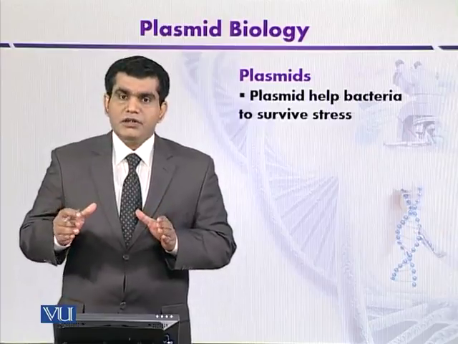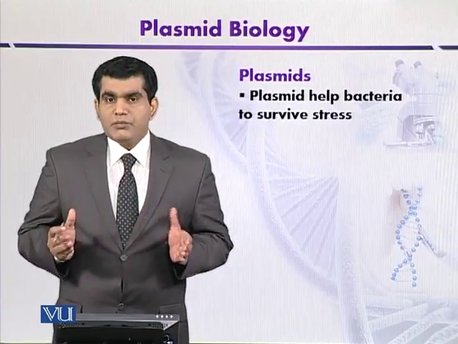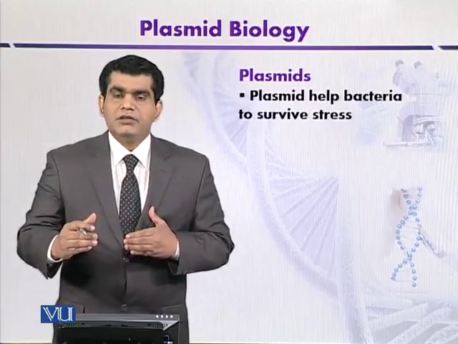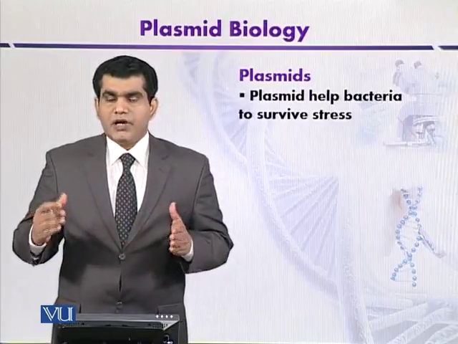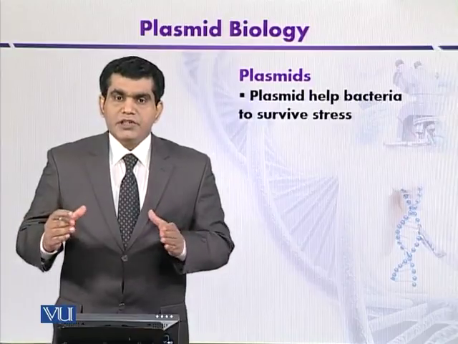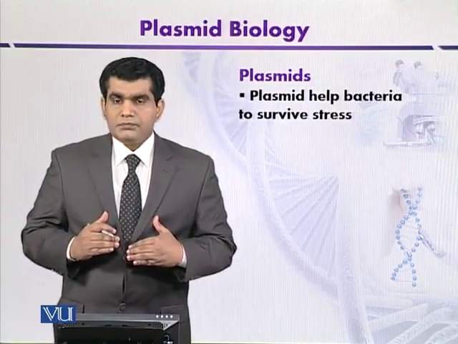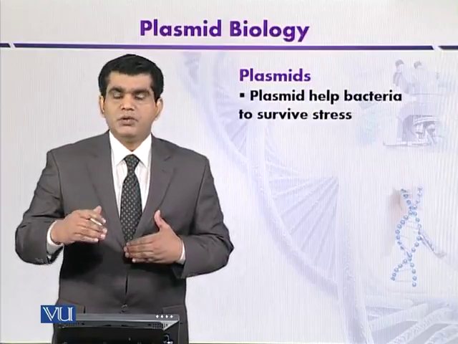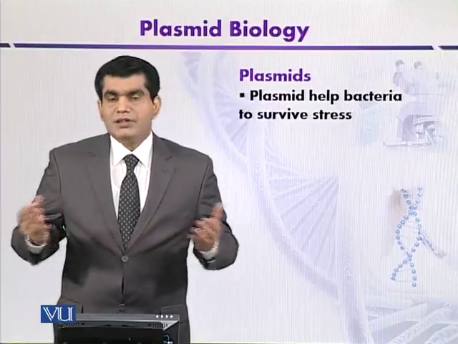So the artificially created recombinant molecule, like plasmids that contain the foreign DNA, and the host microorganisms are incubated at low temperature, and then the temperature is suddenly raised to 37 or 43 degrees Celsius.